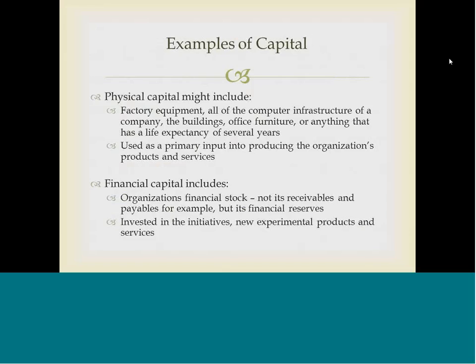Financial capital includes things like the organization's financial stock. It's not necessarily its receivables and payables, but its financial reserves. So financial capital is invested in initiatives, in experimental products, services, etc. But it's not necessarily what you're consuming each day to produce your goods and services. I'm hoping this is making sense.